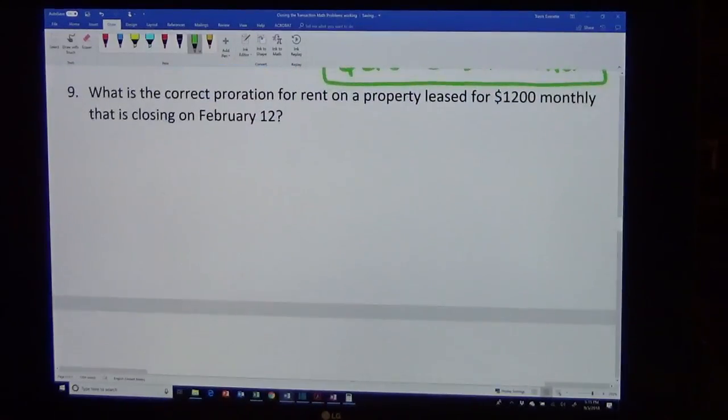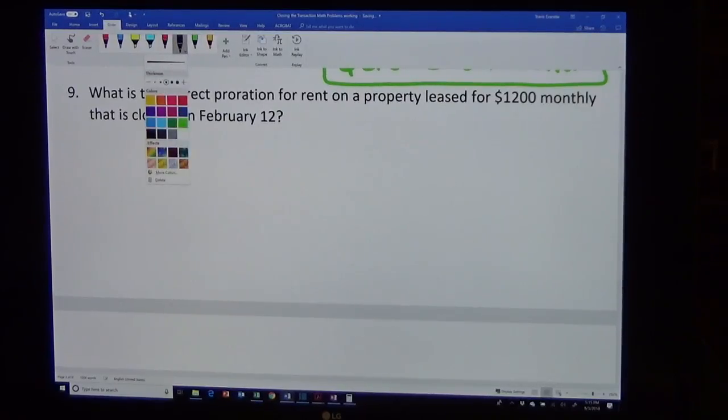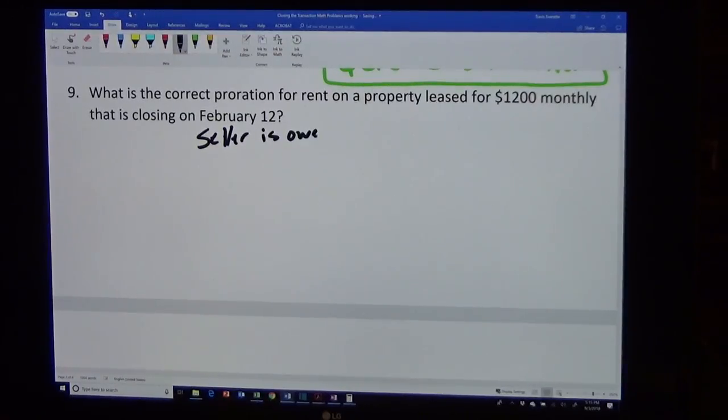Okay, number 9. What's the correct proration for rent on a property leased for $1,200 monthly that's closing on February 12th? We're going to do the same thing we just did above. We're going to write seller is owed rent from February 1 through February 12th.